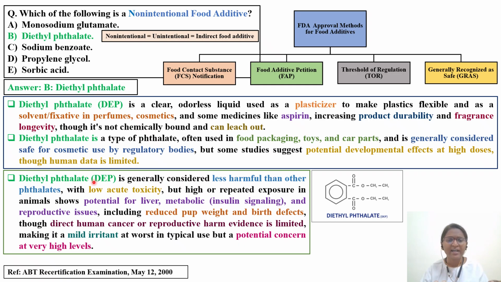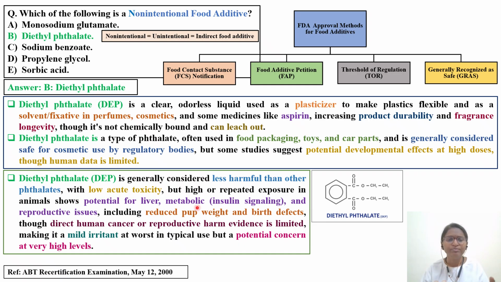Diethyl phthalate is generally considered less harmful than other phthalates. What are those other phthalates? In other phthalates, the ethyl group, C2H5, is replaced with other organic groups like methyl or butyl, with low acute toxicity but effects shown in animals on high or repeated exposure.